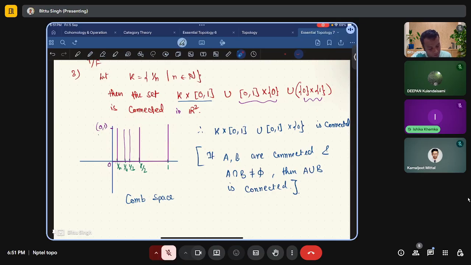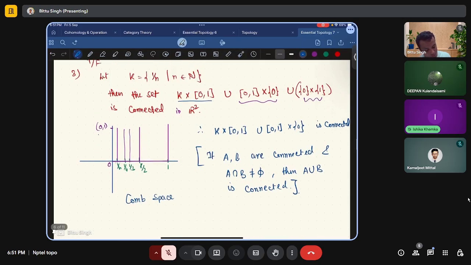If you only consider the finite case, so if n is allowed to vary from 1 to some k, then this becomes disconnected. But here it will be connected. Why?